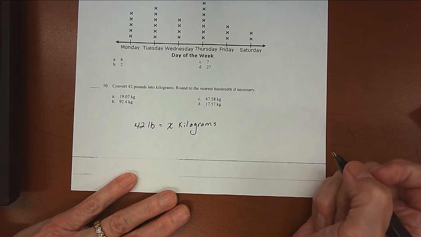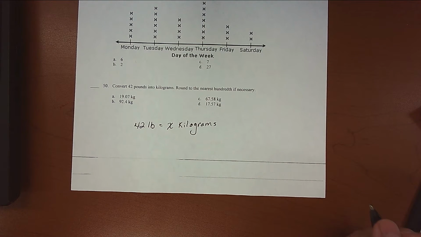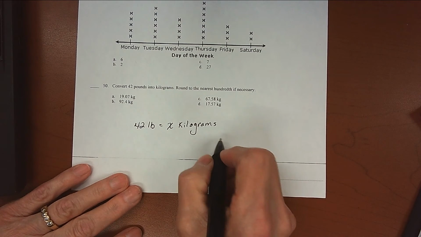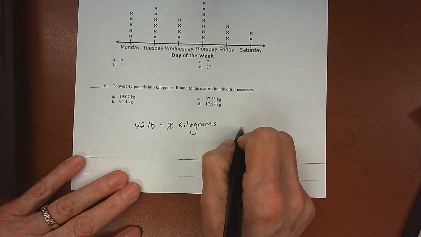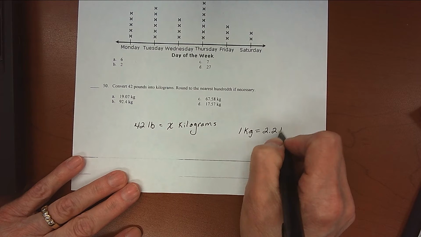Remember, you don't need to memorize these. We will tell you those conversion facts when it comes time. And the conversion fact that we need here is that 1 kilogram is equal to 2.2 pounds.